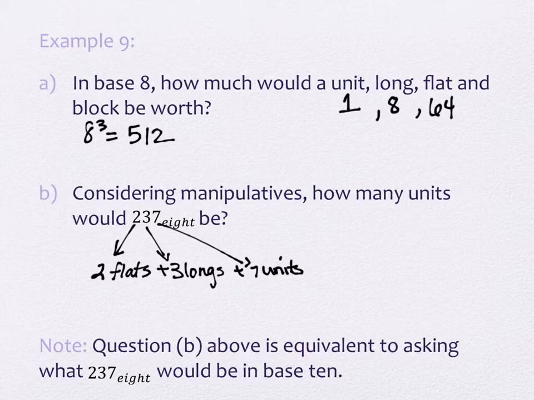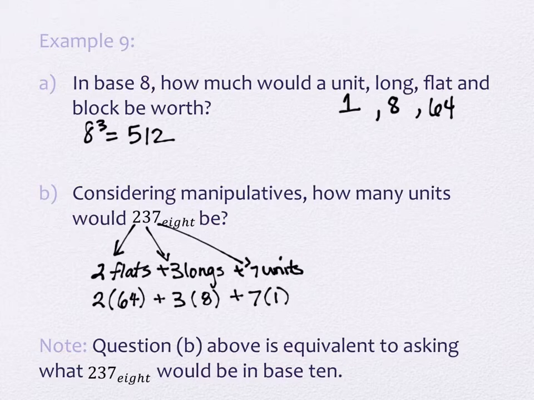But how much is a flat worth? 64. It's 2 of these pieces that are 8 by 8. They're worth 64 units individually. How much is a long worth? 8. And how much is a unit worth? 1.